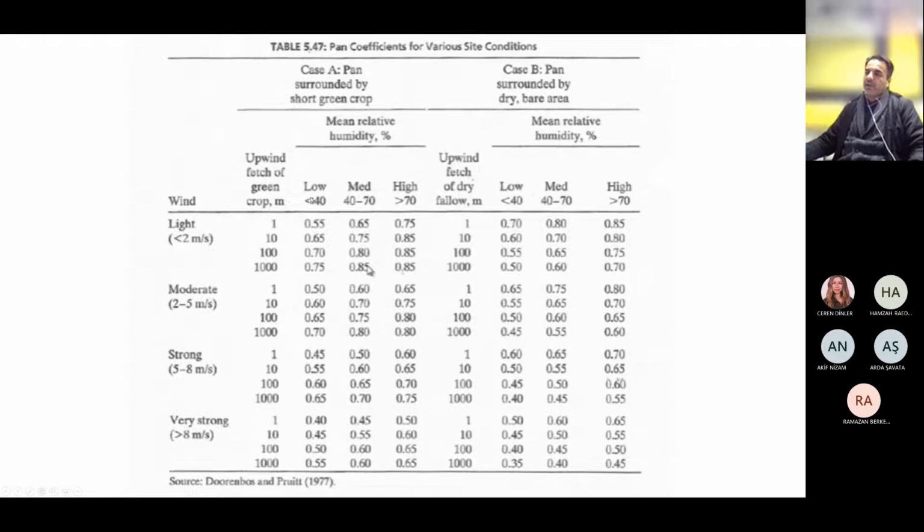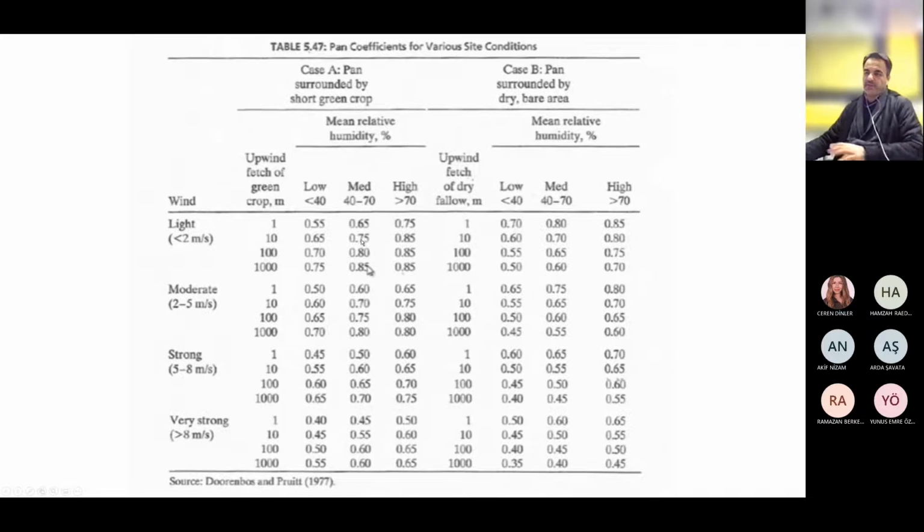because you already measure the daily wind using the anemometer that we installed close to the pan, you can say that my wind is less than 2 meters per second, and there is an upwind fetch of green crops, for example 10 meters, and humidity was about 60%.